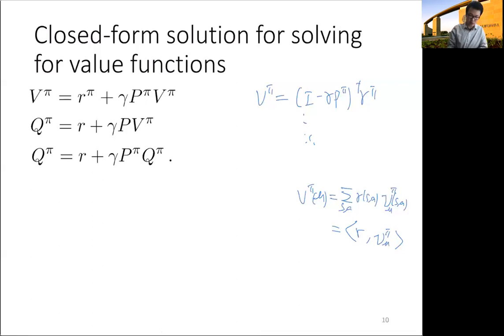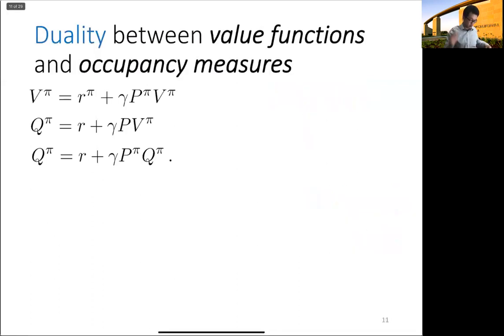What we described last time was that there is actually also a Bellman equation that holds for these occupancy measures. So this is what I'm going to write down.